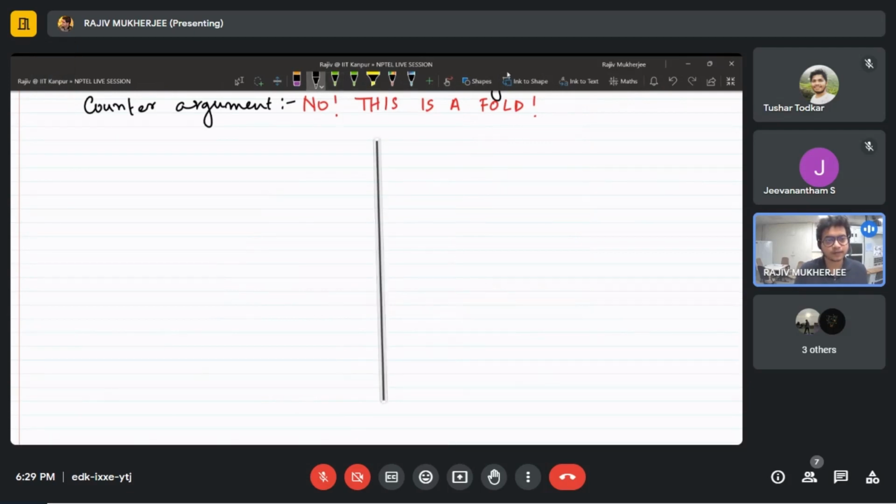Okay, so this is my syn-sedimentary structure, and this is my tectonic structure.